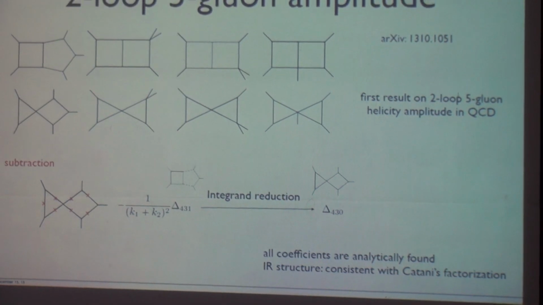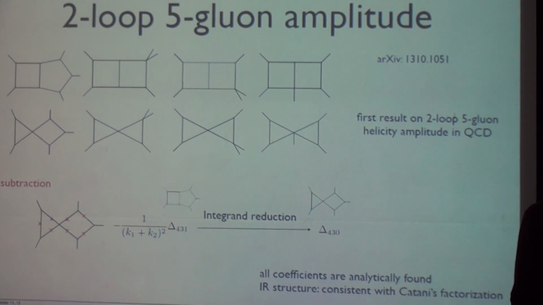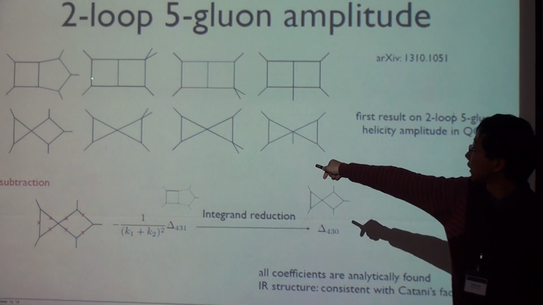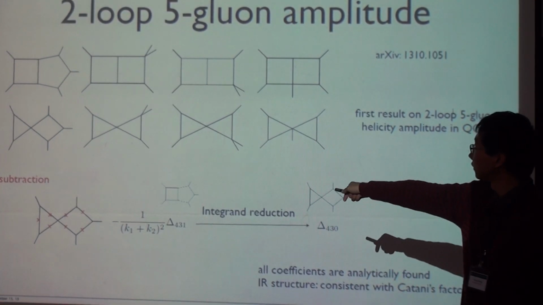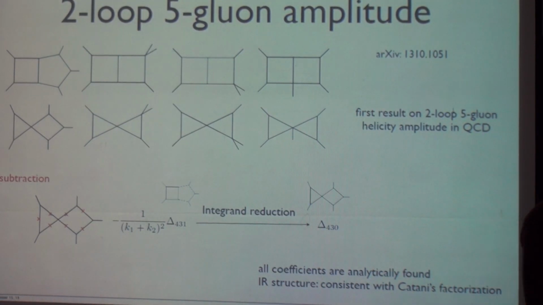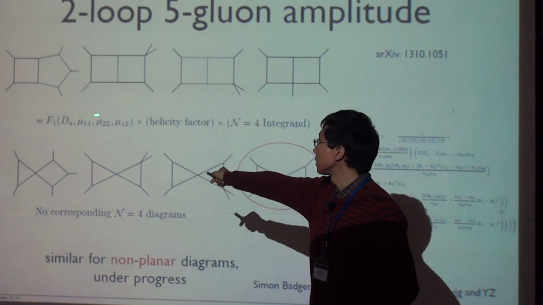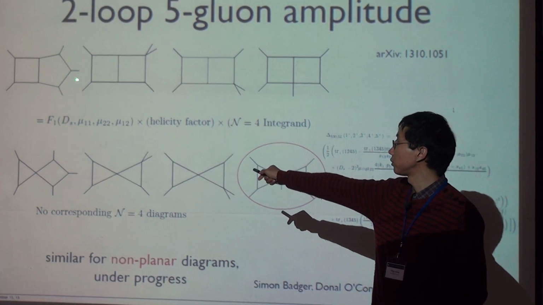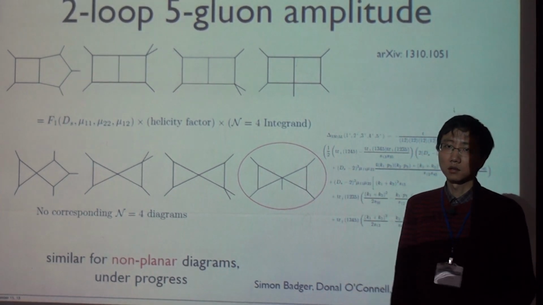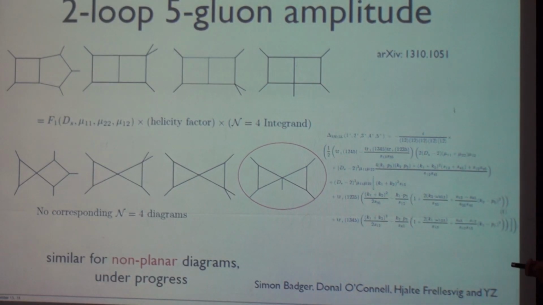We just calculate the one configuration with all-plus external legs. There are only 8 topologies, and there are 2 classes of them. For the all-plus amplitude, these 4 diagrams' results are very simple because they are all proportional to the corresponding N=4 result, which is called the scalar result in this case.